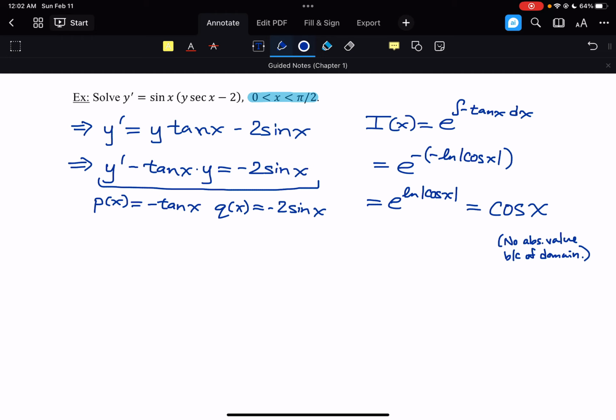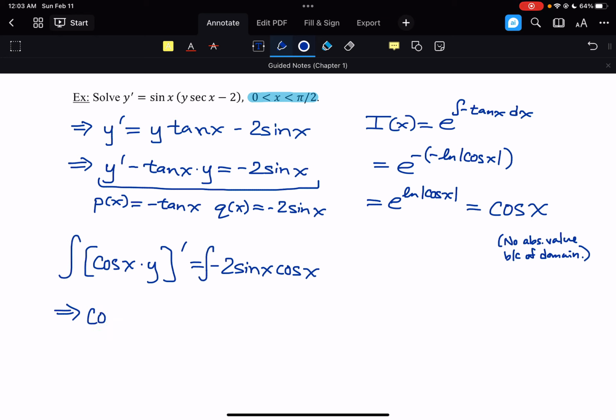So now we set up this equation: I times y on the left-hand side. So cosine of x times y prime equals I times q. So that's negative 2 sine of x cosine of x on the right-hand side. If we integrate both sides of this, on the left-hand side, the integral and the derivative will cancel.